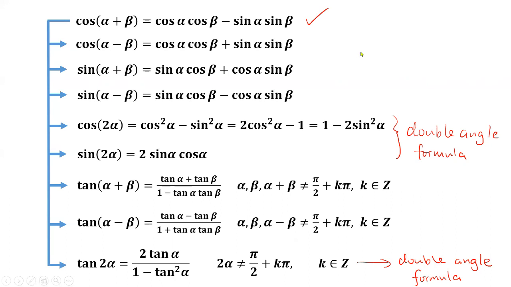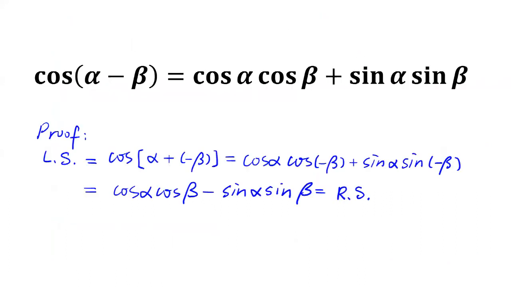Okay, now let's have a look at how we prove them. First, cosine of the difference between alpha and beta equals cosine alpha cosine beta plus sine alpha sine beta. To prove this, note that we have already proved that cosine alpha plus beta equals cosine alpha cosine beta minus sine alpha sine beta. We can simply let the plus beta here be minus beta.